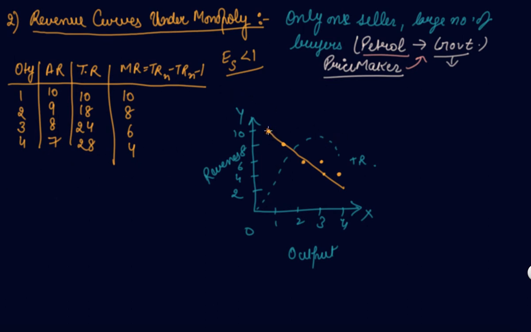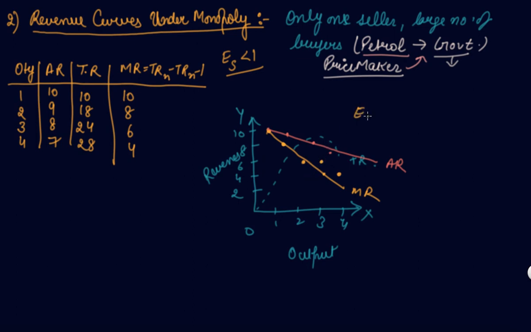And then your AR curve is somewhere upwards because your AR is more, your 10 and then 9 and then on 3 it is 8, on 4 it is 7, somewhere here. So this is your AR and this is your MR. See, your ARs and MRs are this way.